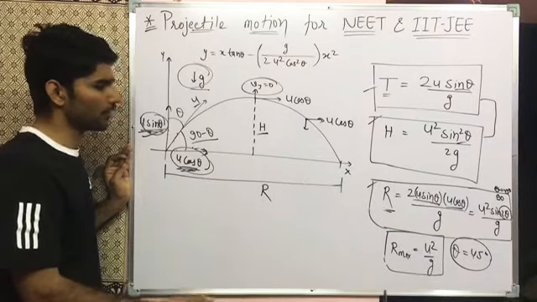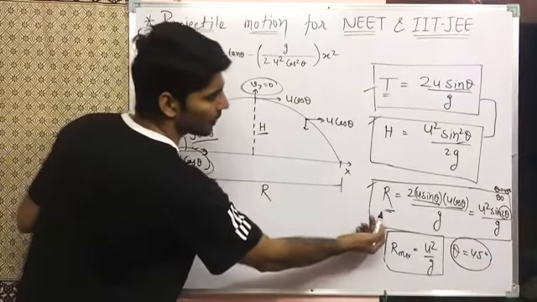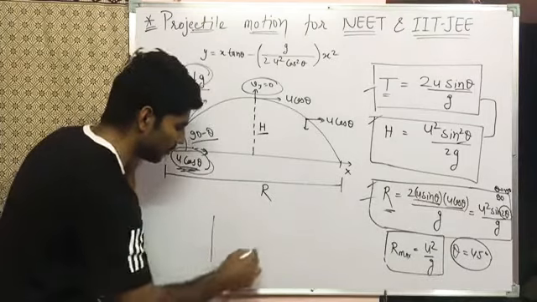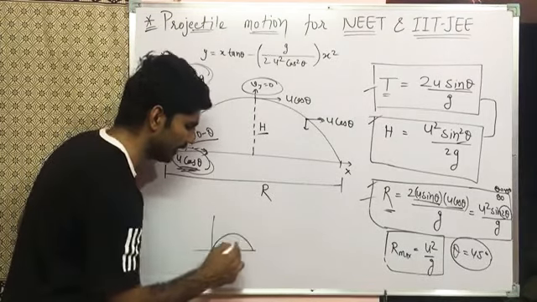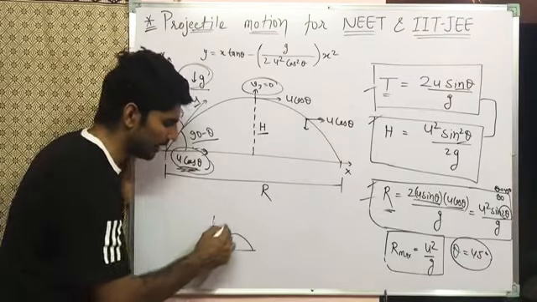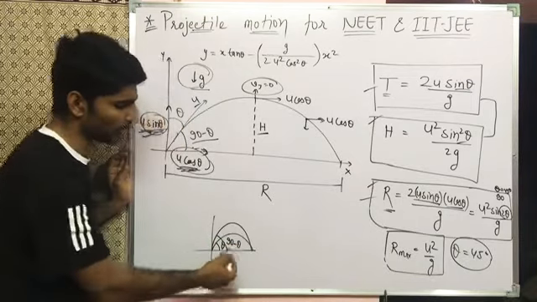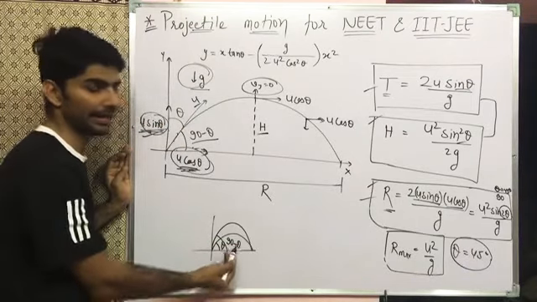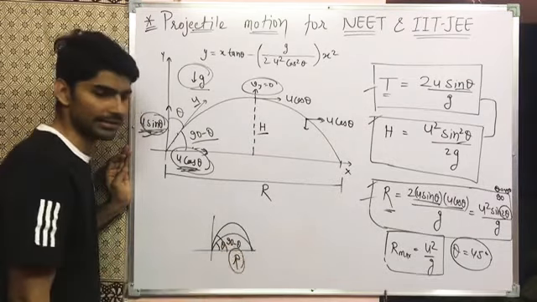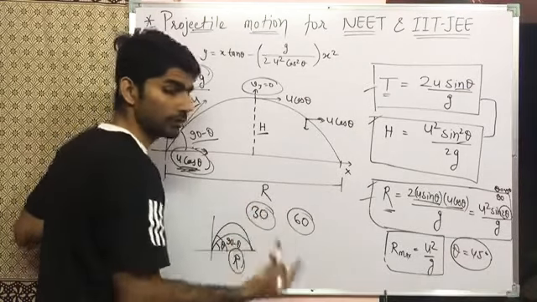And here one more case is given, when you put theta and 90 minus theta in the case of range. So here we have one more conclusion: when you have the angle theta and the angle 90 minus theta, in both cases you get an equal range. Like for 30 degrees or 60 degrees, you have the equal value of range.